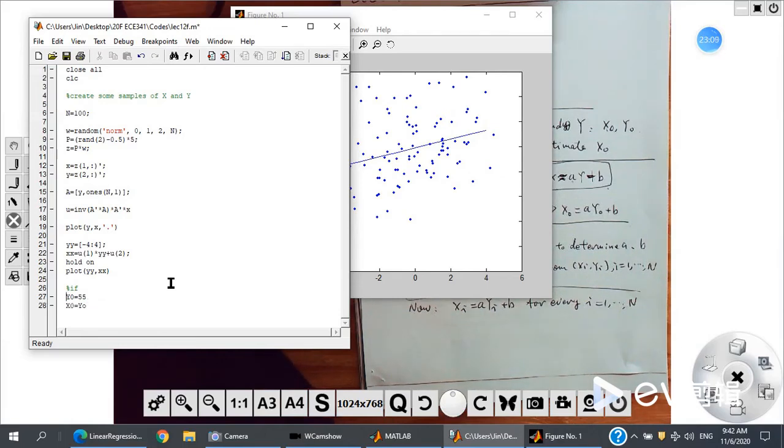Like this. If y0 is 55, then x0 is y0 times a, where a is u of 1, and b is u of 2. Now this is the estimation.